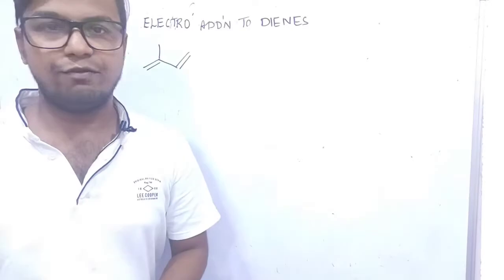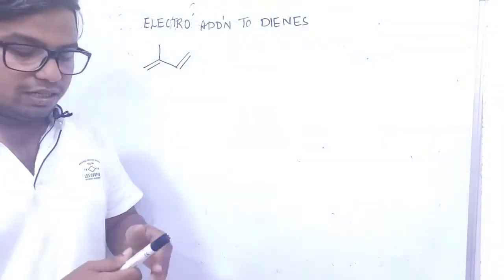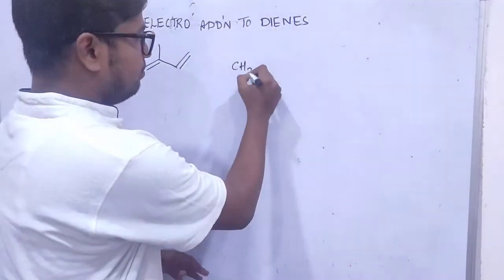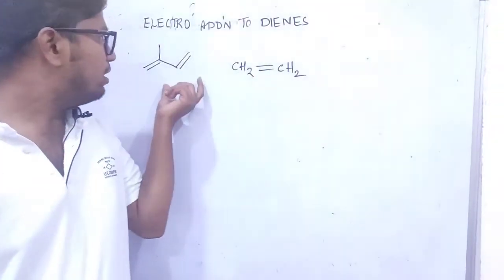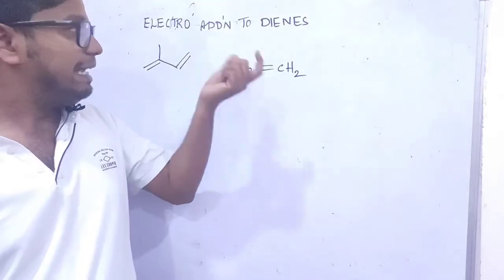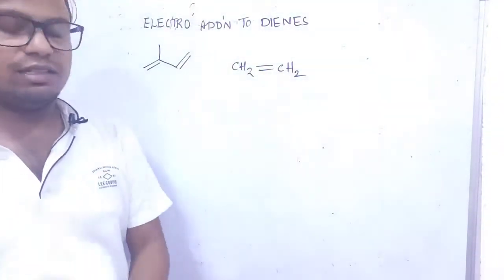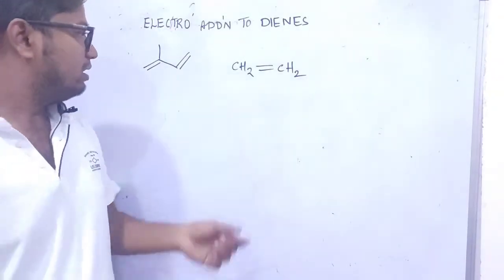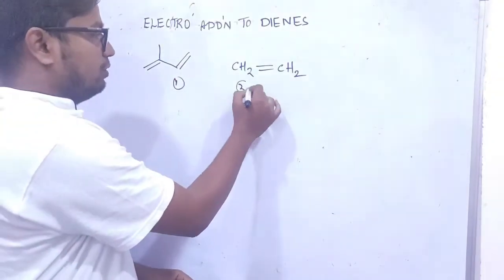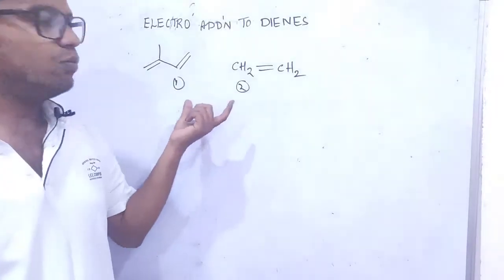So first of all, we have to understand the difference between an isolated double bond and a diene. This is in conjugation, right? So when we compare the nucleophilicity of the two, number 1 and number 2, which one has more nucleophilicity?